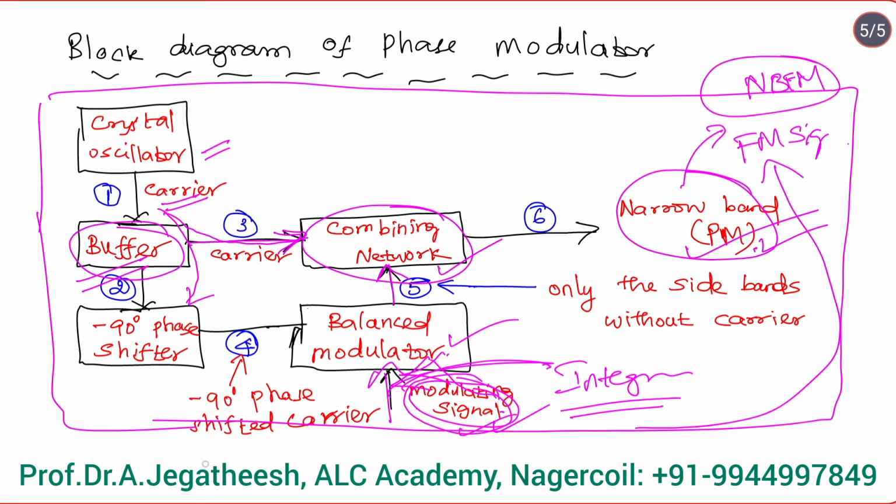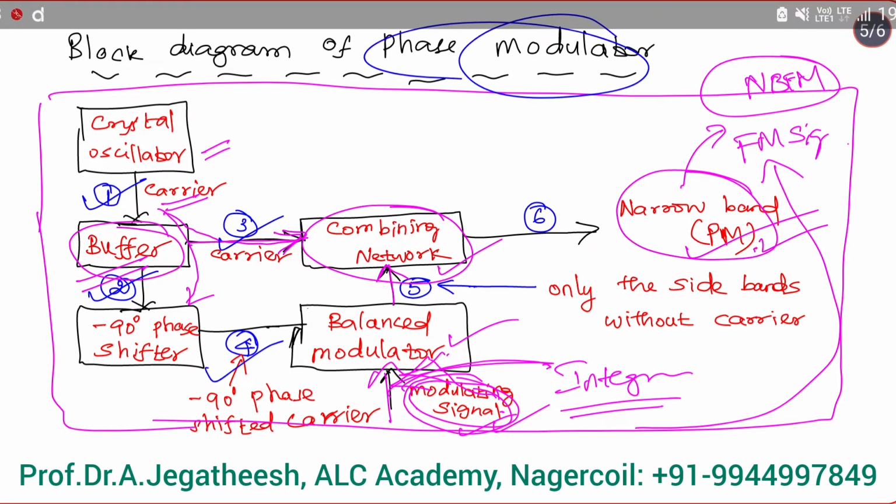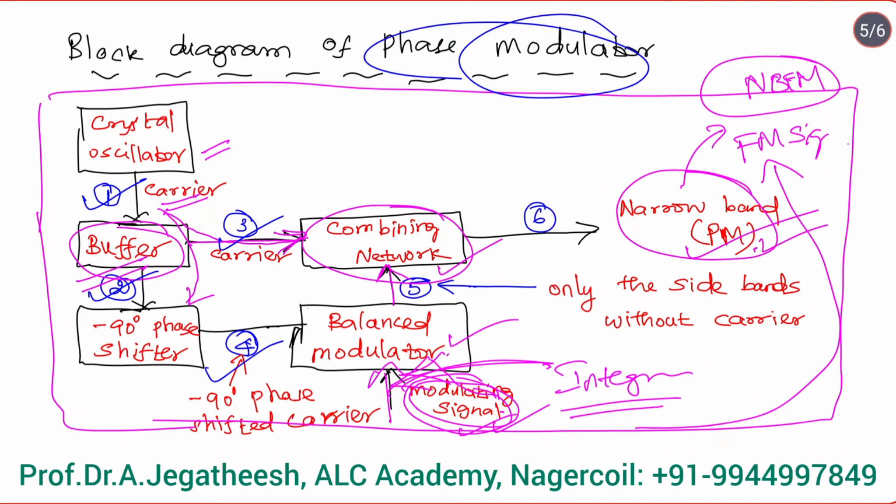Now we are going to see the phasor diagram of the signal at every position of the phase modulator. So listen carefully. At points 1, 2, 3, we have the unmodulated carrier, the same carrier provided by the crystal oscillator.